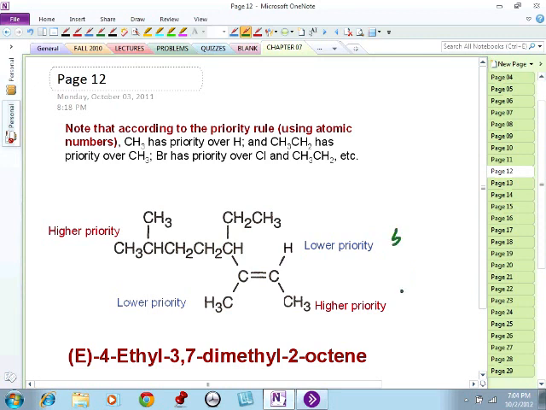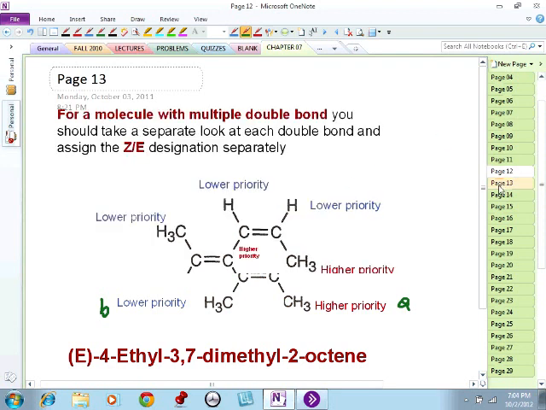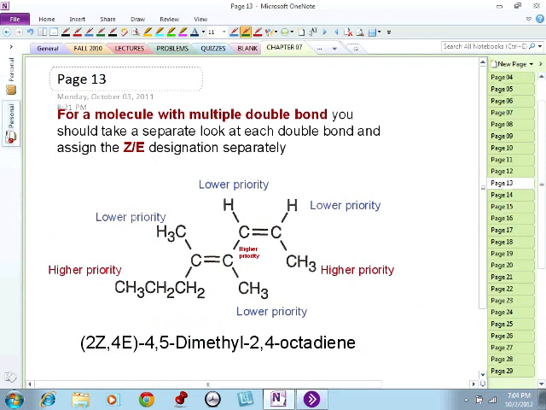Lower priority, this is B, of course this is A, this is B, and this will be A. You see why it is E isomer. We did this already, 2Z, 4E, that's what we just did. And this will be your B priority. This is A. This is B here. This is A. And on this here, this is B, B, and A.